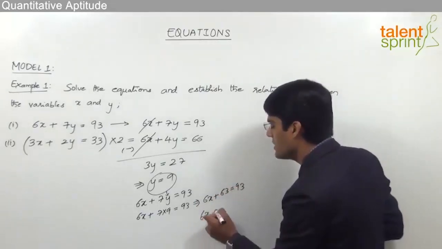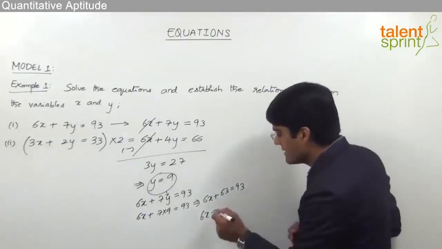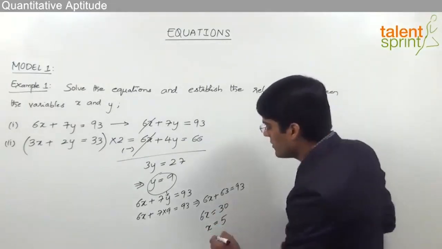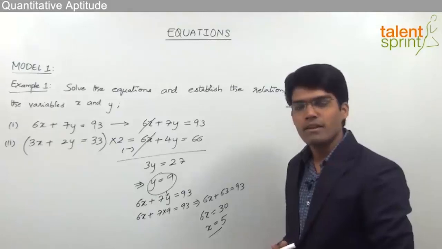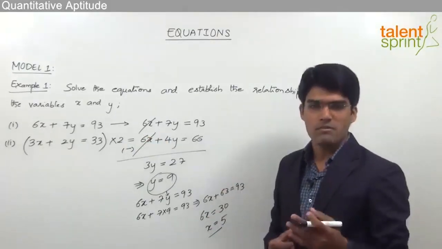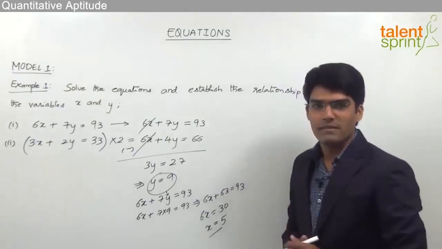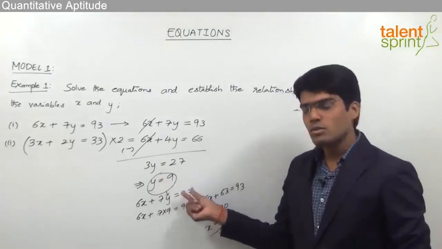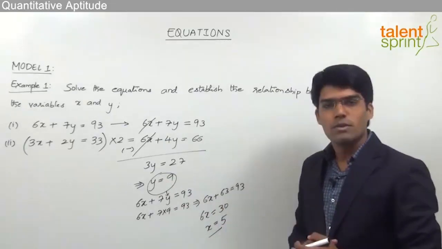So 6x will be equal to 93 minus 63 is 30, and therefore x is equal to 5. So the value of x here is equal to 5. So this is how we always solve the two equations, by equating the coefficients of either the first variable or the second variable. Now as you can see here, the value of the variable y is equal to 9 and that of the variable x is equal to 5.